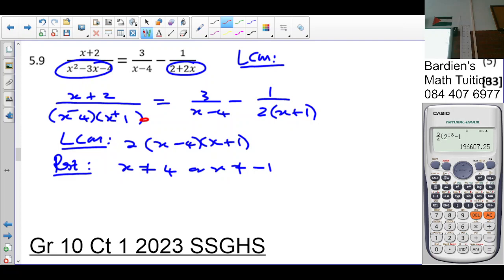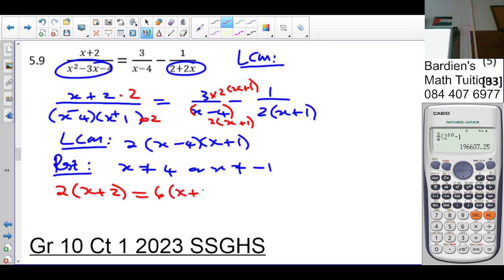The first denominator must be multiplied by 2. So it's 2 into x plus 2 equals. What must this bracket be multiplied by? 2 into x plus 1. So it's 2 into x plus 1, which gives me 6 into x plus 1. What must this be multiplied by? X minus 4.